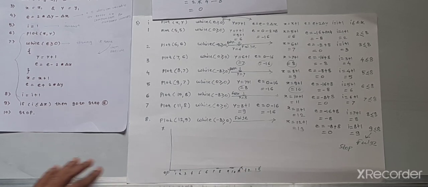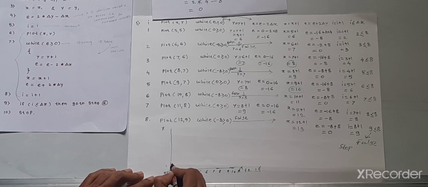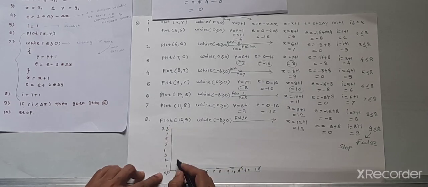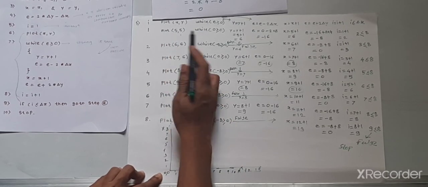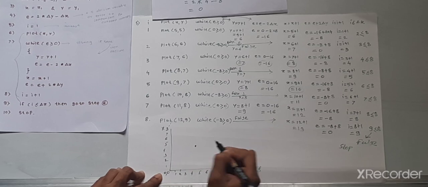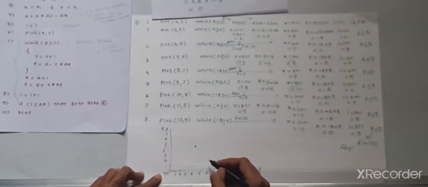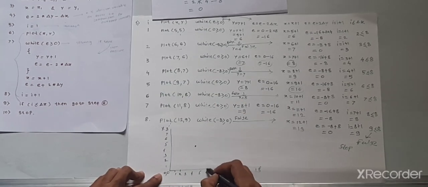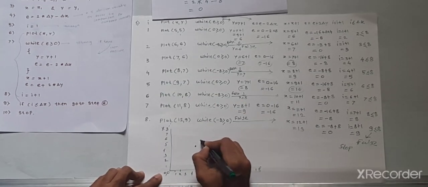So all these values we want to calculate. Here the same for Y, 1 to 8. Suppose plotting the first point, that is 5, 5, so we have to move here for 5, 5. Next to that there is 6, 6, so the second point is 6, 6.